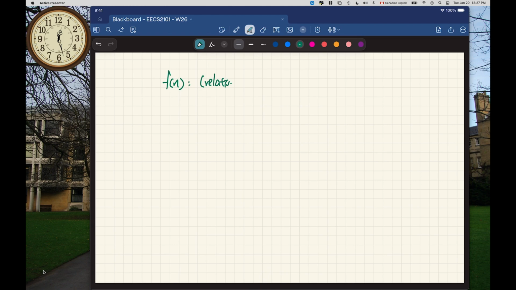Running time function. Meaning that if you give me your input size, what n is, using that function, I can tell you what the relative running time would be.